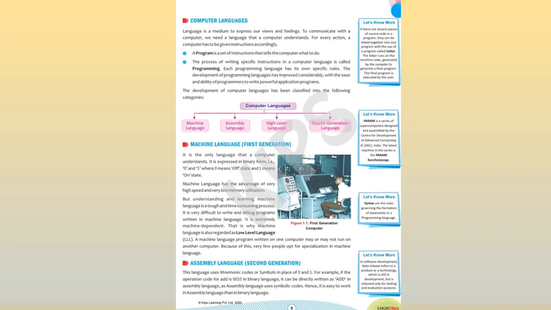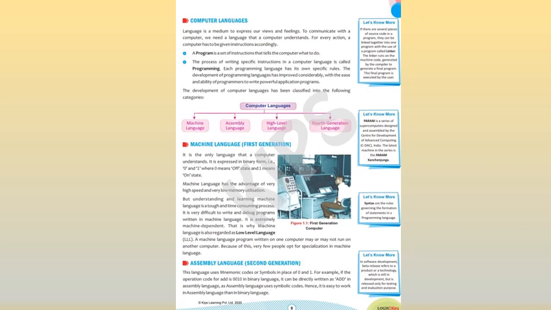If we are talking about machine language, it has high speed and very low memory utilization for the machine. It easily understands machine language with the help of 0 and 1.